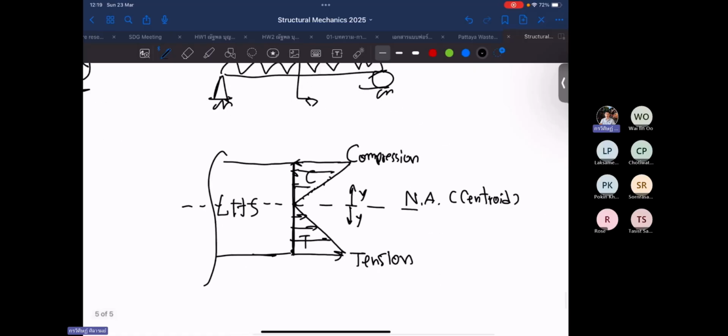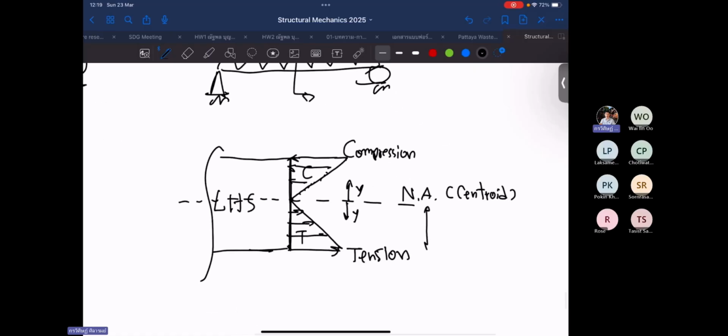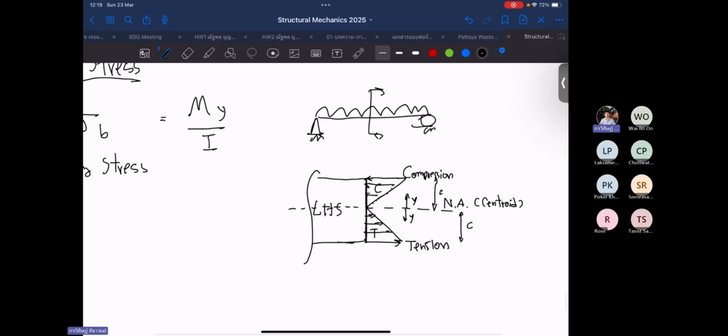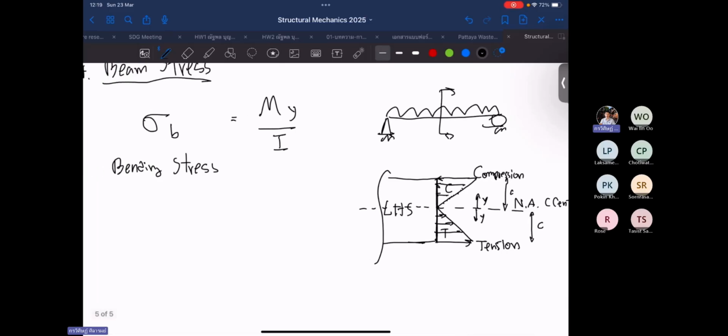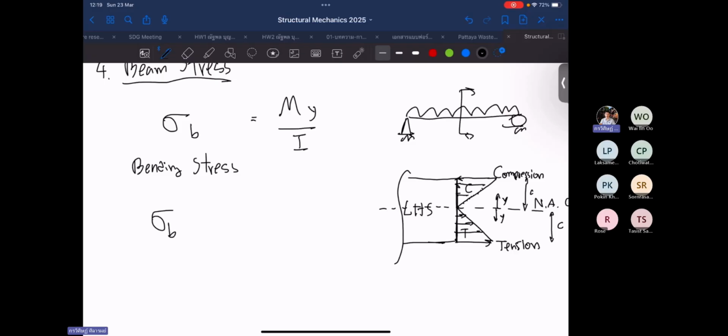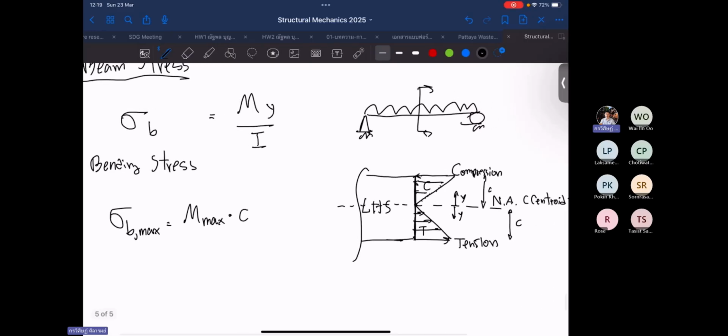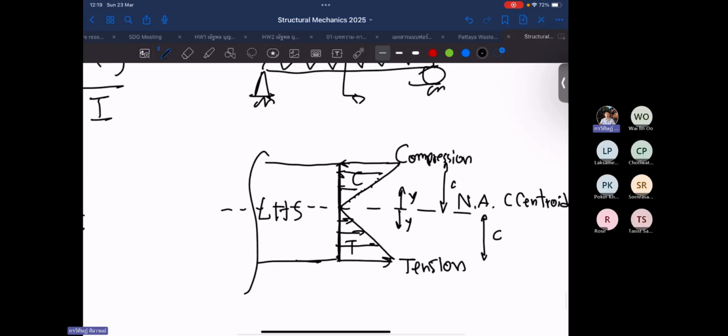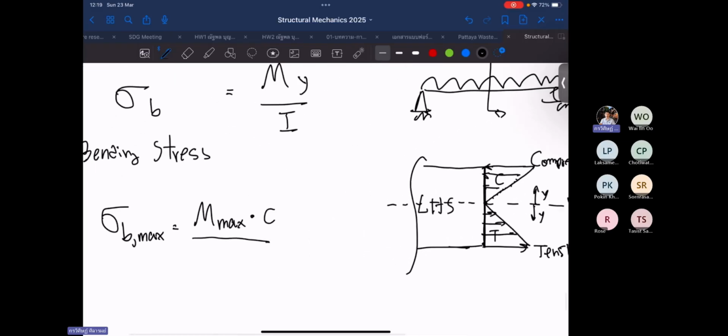Okay, there we usually do not use parameter y, we use parameter c, the farthest one from the neutral axis to the top or the bottom of the member. So we can say that the maximum bending stress equals the maximum bending moment multiplied by c, the farthest length from the neutral axis to the edge of the member, over I, the moment of inertia of the section, like this.